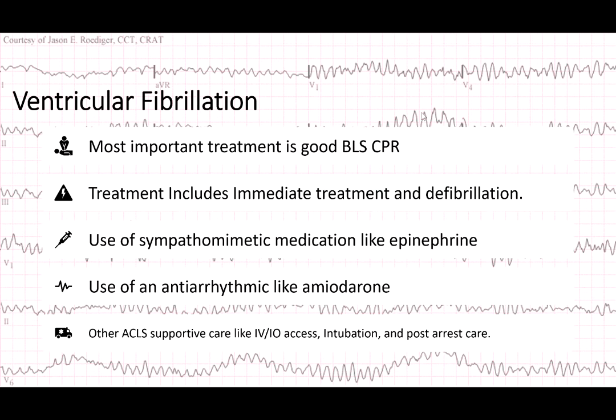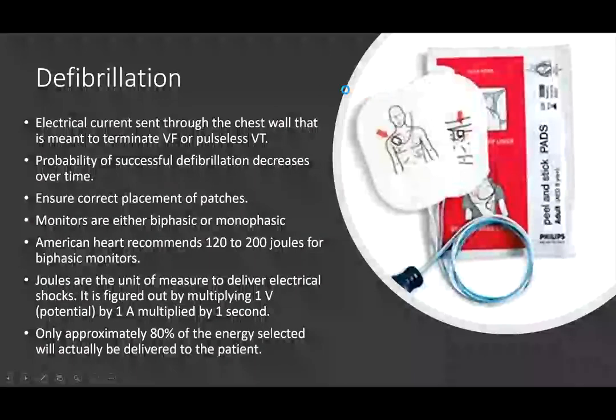In your algorithm, you'll see that you'll give your epi, 1 in 10,000, 1 milligram every 3 to 5 minutes, but during your next cycle of CPR, you'll start giving those antiarrhythmics like amiodarone. Again, refer to your cardiac algorithm for that treatment plan.